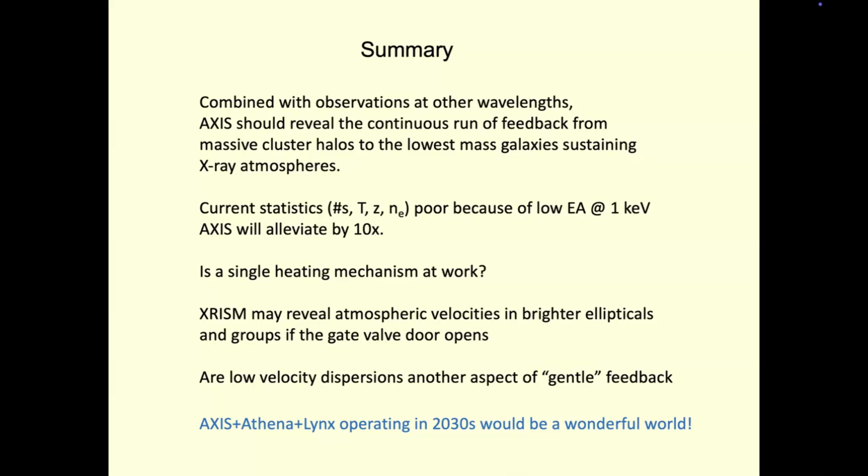And we also should learn what the lowest mass halos are that can sustain an atmosphere. But the current statistics, temperatures, metallicities, densities, are just poor because of the low effective area below 1 keV. Is a single heating mechanism at work? I don't know. Right now, I would say probably not, but the jury's out.